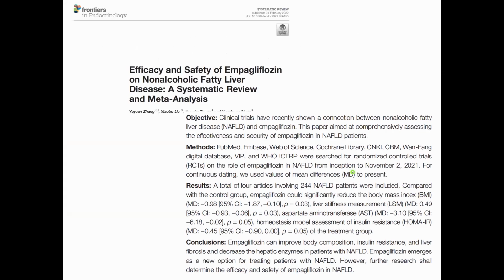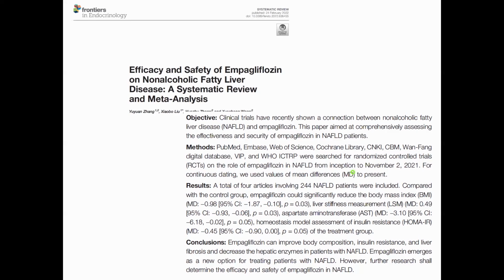So this is again a large meta-analysis, and they have definitely shown improvement in liver stiffness measurement. The only thing that prevents large trials on empagliflozin is that a liver biopsy is necessary to show definitive improvement of non-alcoholic fatty liver disease or NASH.